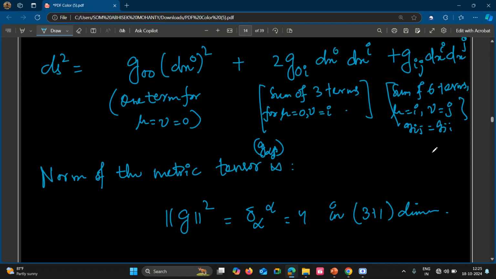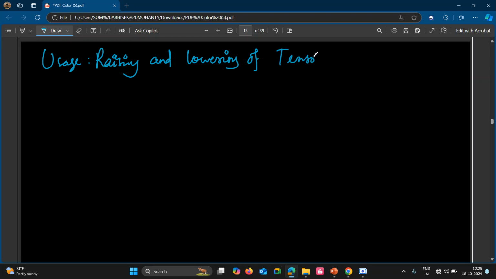Next, write down the uses, that is, raising and lowering of tensor indices. Raising and lowering of tensor indices are done by contracting with the metric tensor g alpha beta.